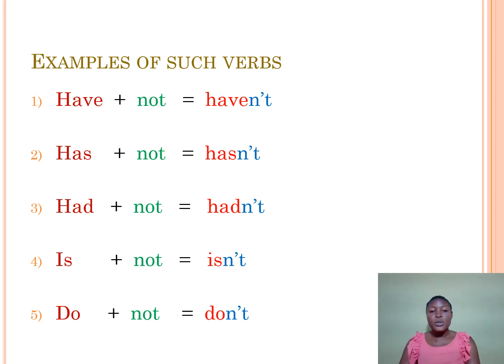After it has been added, the final verb becomes haven't, with the n apostrophe t added to it. Now the apostrophe there stands for the O in between the N and the T.